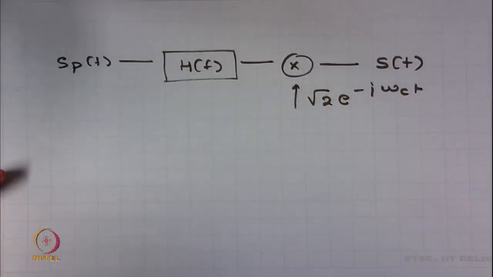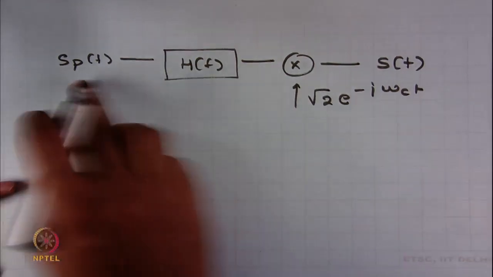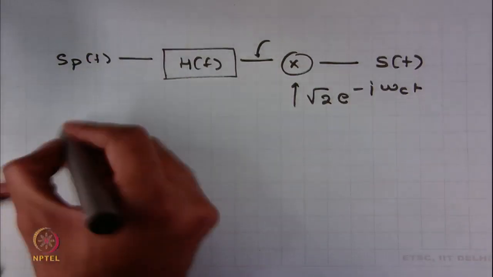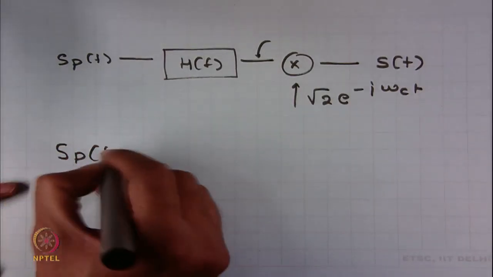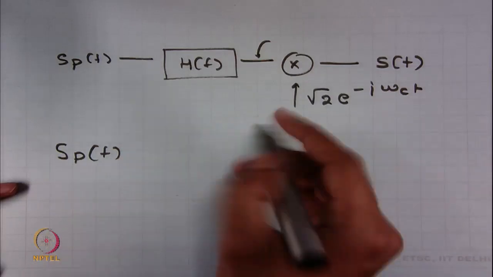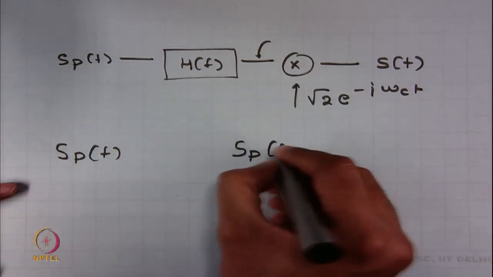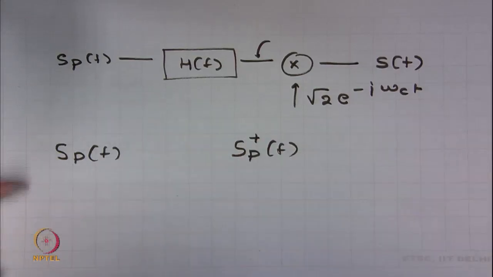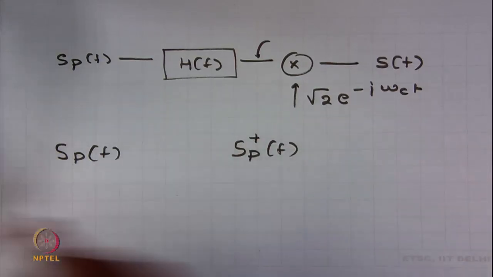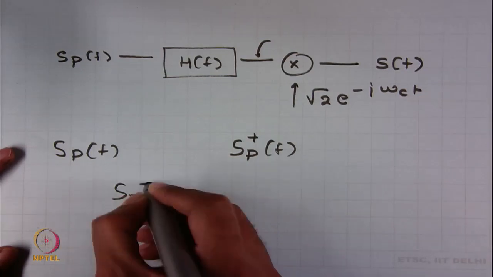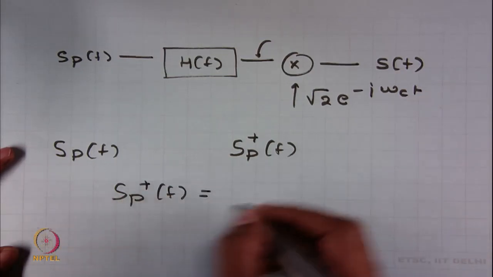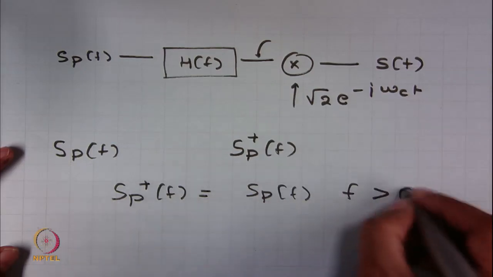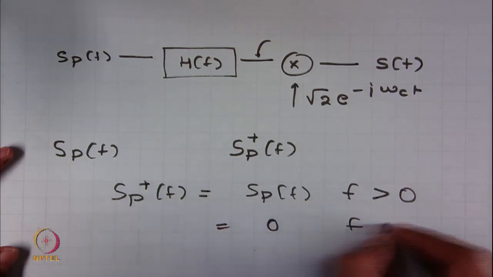Now, things are easy. If my spectrum here is Sp(f), the spectrum here is the positive part of this. I denote this with Sp+(f). Sp+(f) means simply that this is Sp(f) for f greater than 0, and this is 0 for f less than 0.